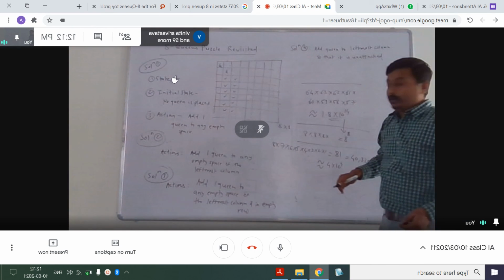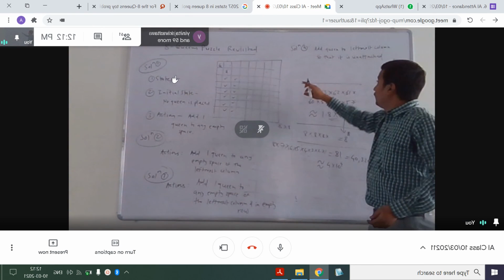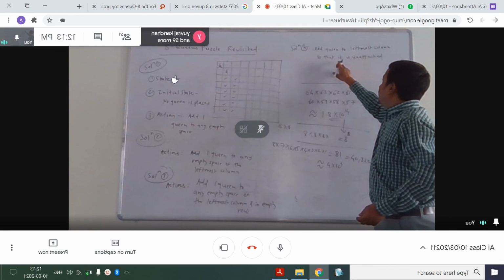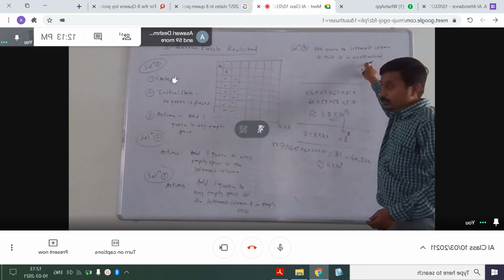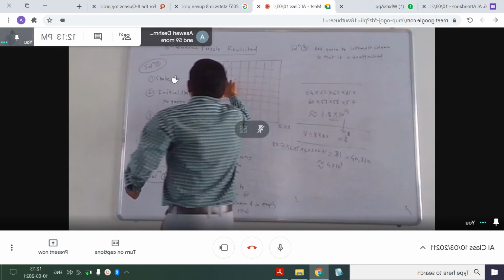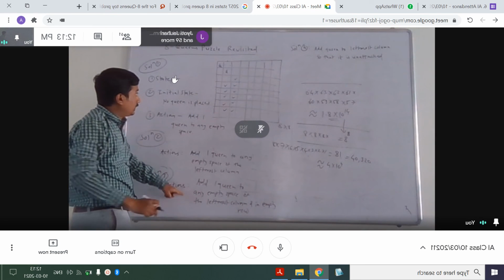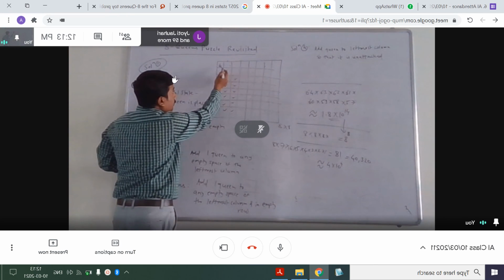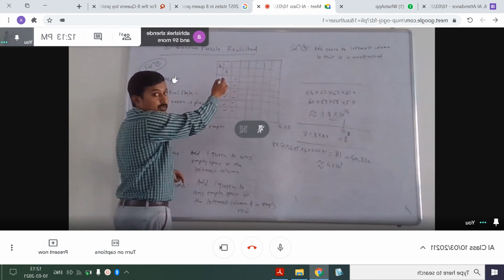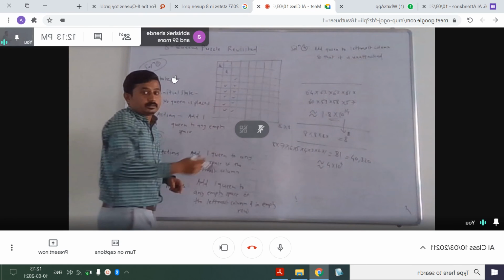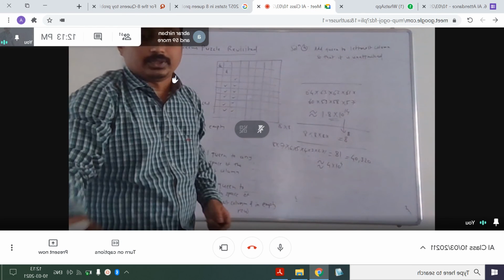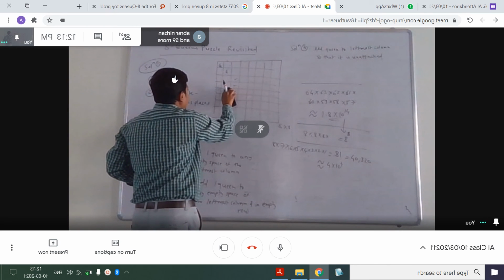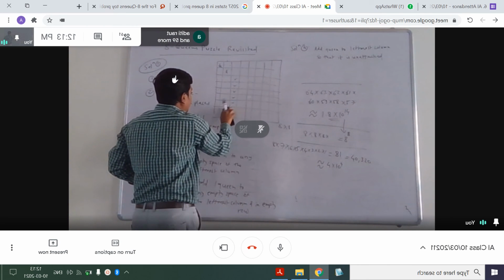Now again I have modified my action. Add queen to the leftmost column so that it is unattacked. So what was the problem with the third solution? I can place a queen here also, right? But this is attacking, right? So we are reducing those attacks also in the fourth solution. So what will be the number of states possible here?